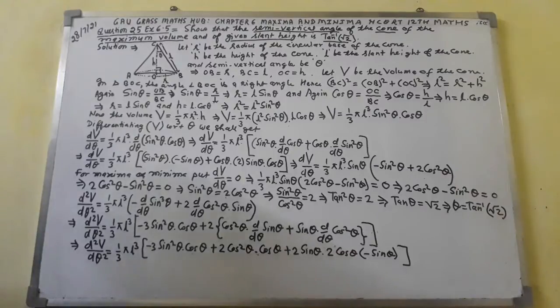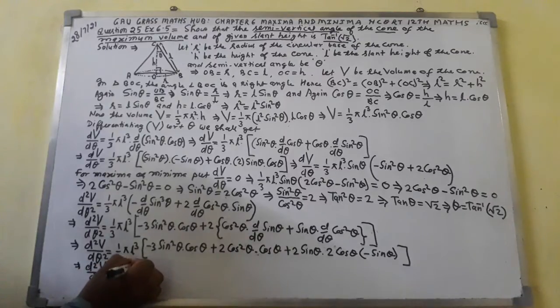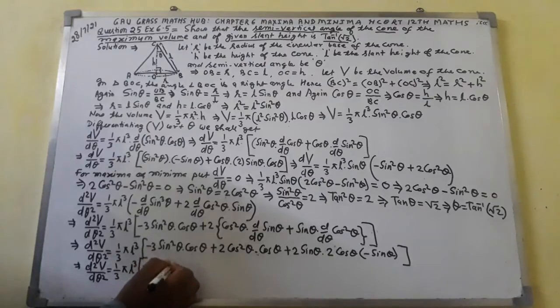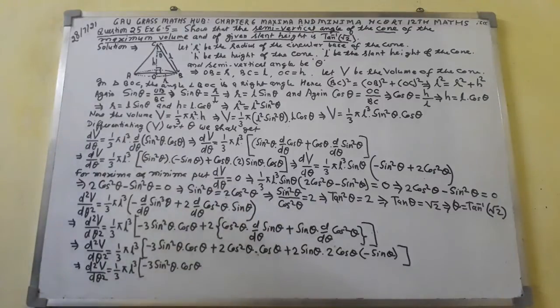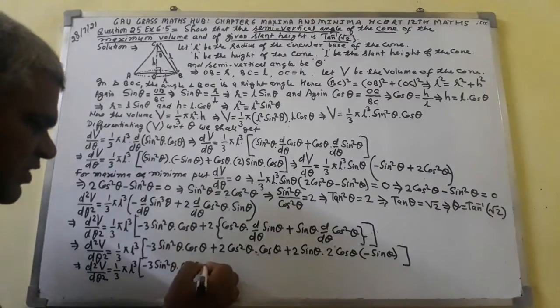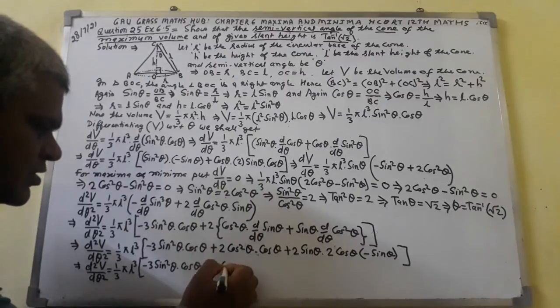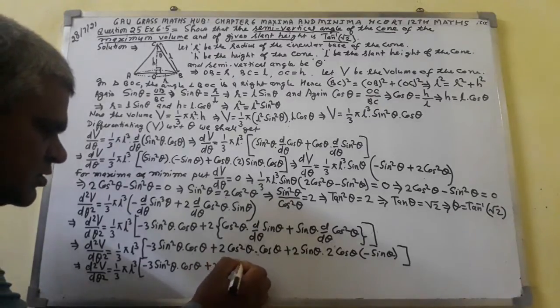You will get here, implied that d square v over d theta square equal to 1 over 3 pi L cube in bracket minus 3 sin square theta dot cos theta. Here I shall write plus 2 cos cube theta.